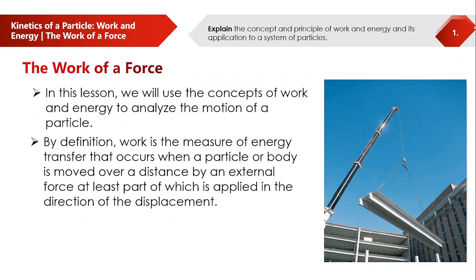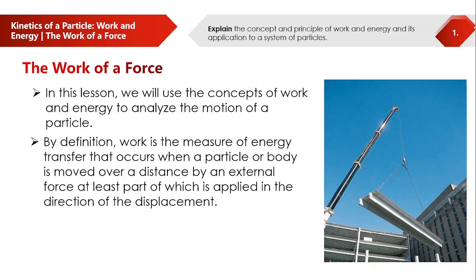So, let's analyze it. By definition, work is the measure of energy transfer that occurs when a particle or a body is moved over a distance by an external force, at least part of which is applied in the direction of the displacement.